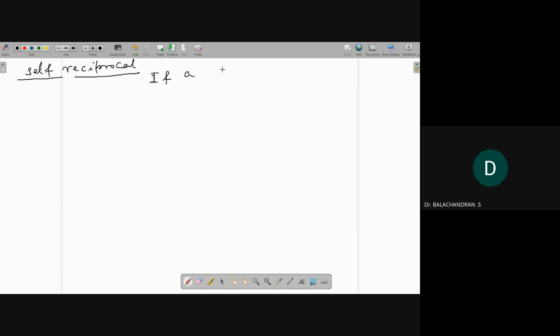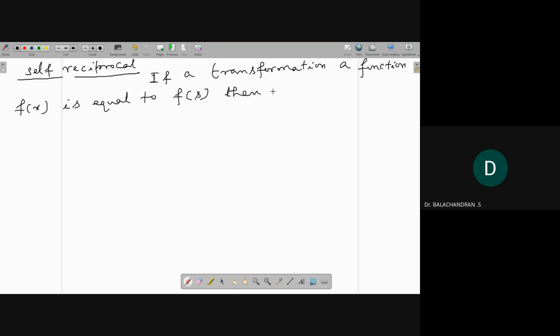If the transformation of a function f of x is equal to f of s, then the function f of x is called self-reciprocal.